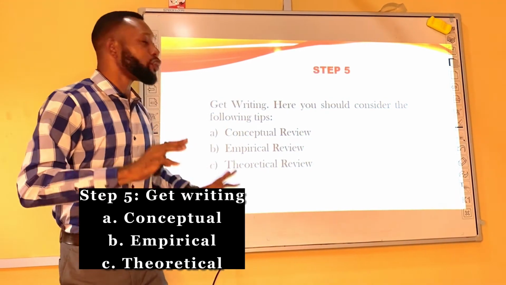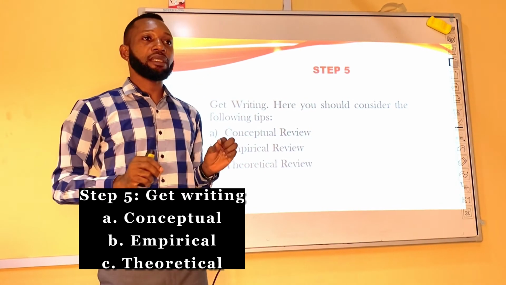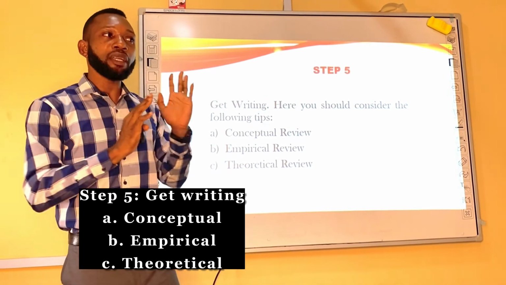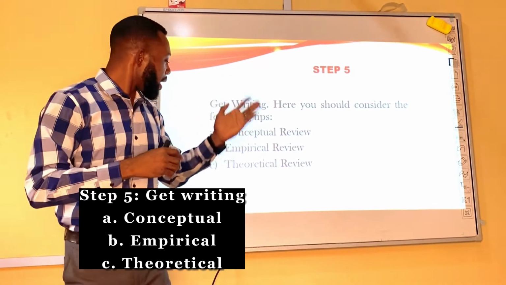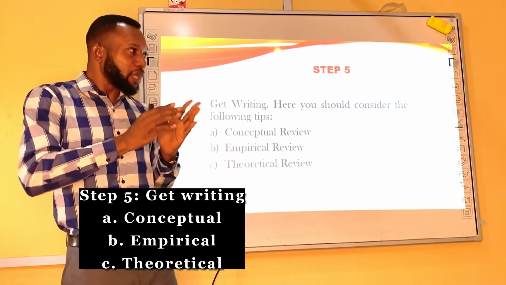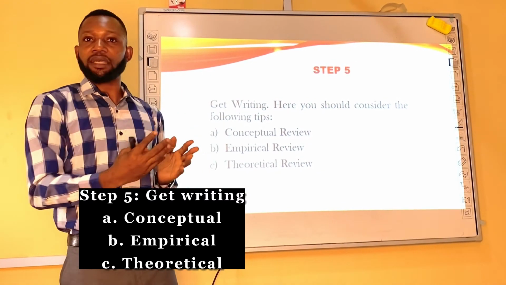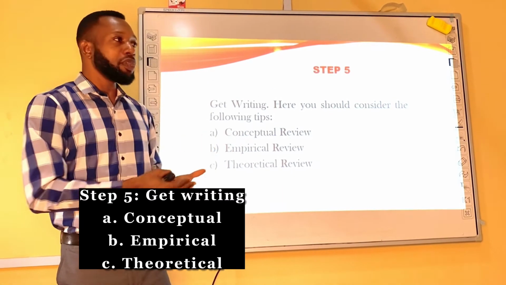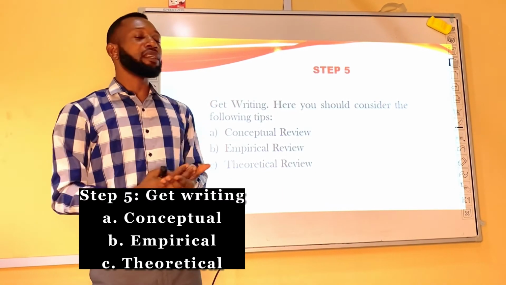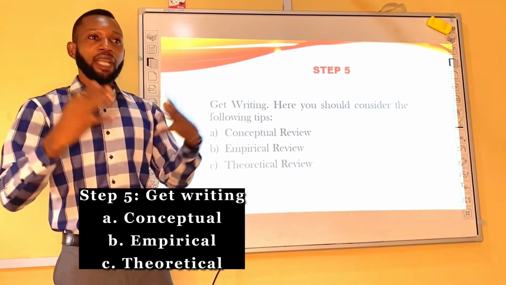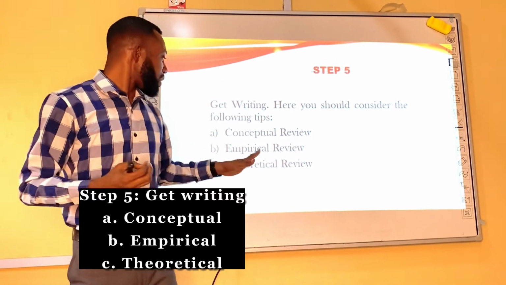The aim is to look at existing studies, not just any studies, but studies that have direct bearing on the subject matter. If Mr. ABC conducted a similar study in that area, then you can review their study. What method did they use? What are their research findings? What are their recommendations and conclusions? That will serve as a base for you as a researcher.